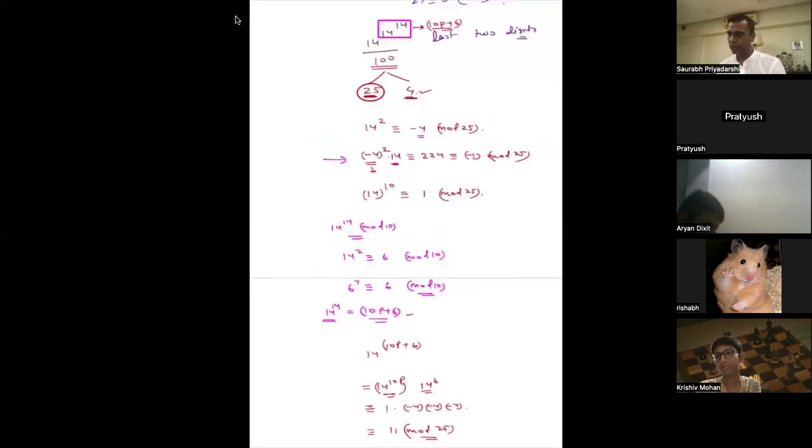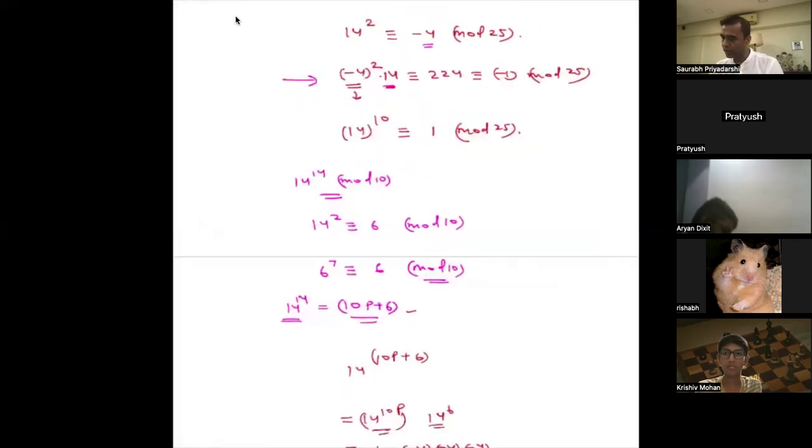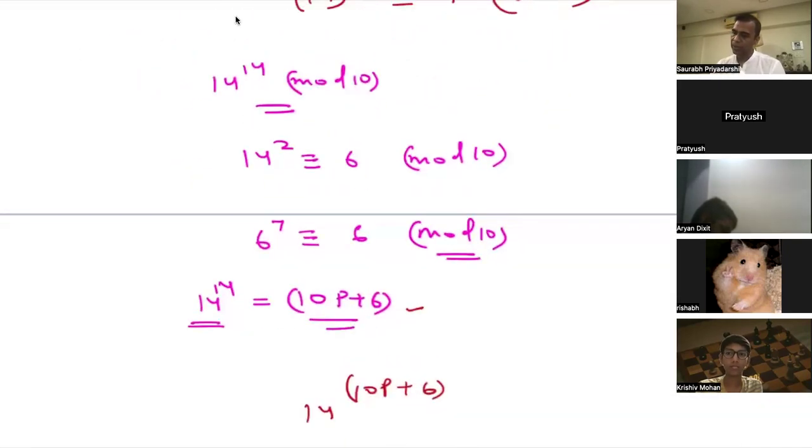Right, so this number is coming as 11 when dividing by 25. Or I can say this is 25 times something plus 11. Six to the power 7.